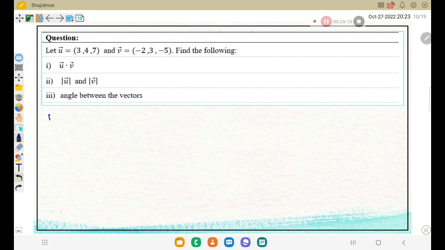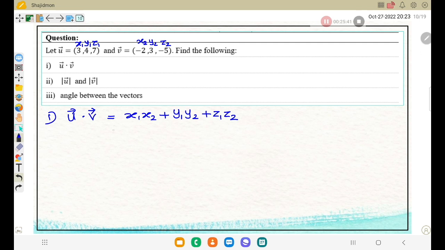So first we will find u dot v, correct? What is u dot v actually? x1 x2 plus y1 y2 plus z1 z2, correct? x1, y1, z1 is the first vector, and x2, y2, z2 is the second vector.